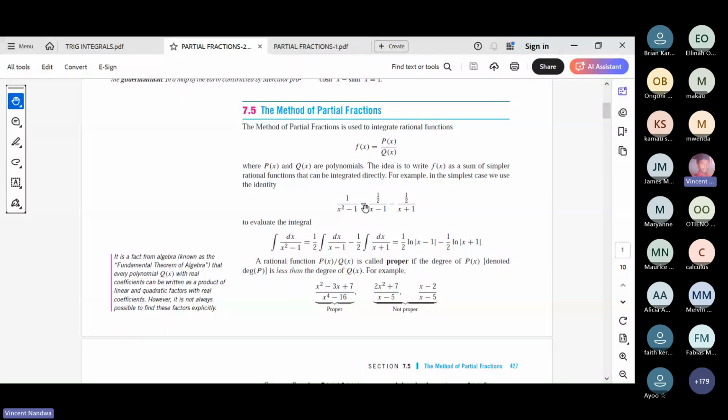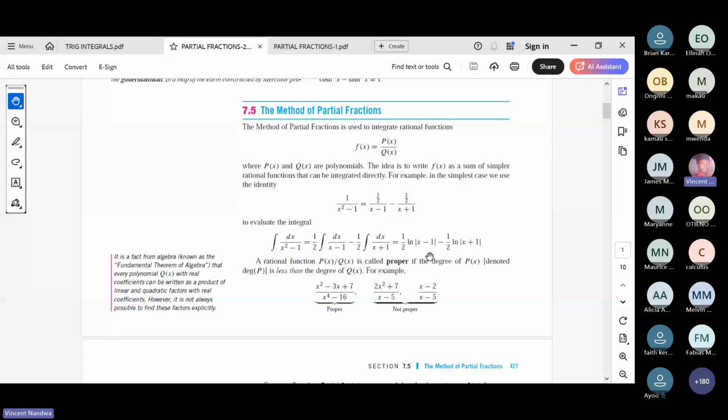So for example, when we have a fraction 1 over x squared minus 1, then all of us know that x squared minus 1 is a difference of two squares, which can be written as x minus 1 times x plus 1.